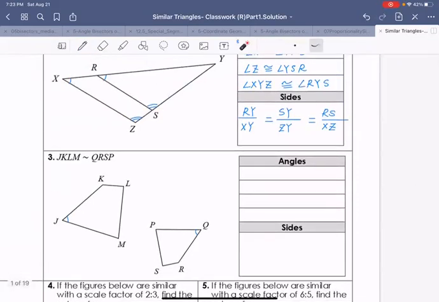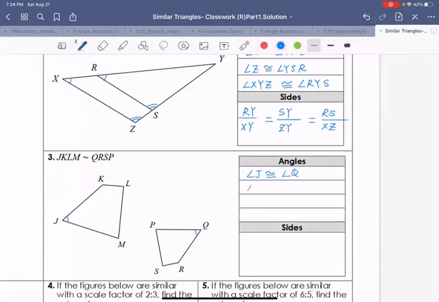Because in the previous one, they give you multiple lines from one point, so you cannot call that angle R. But here you just have one angle, so you don't worry, you just call it angle J and angle Q, okay? So we will write down angle J is congruent to angle Q, yes? Okay.